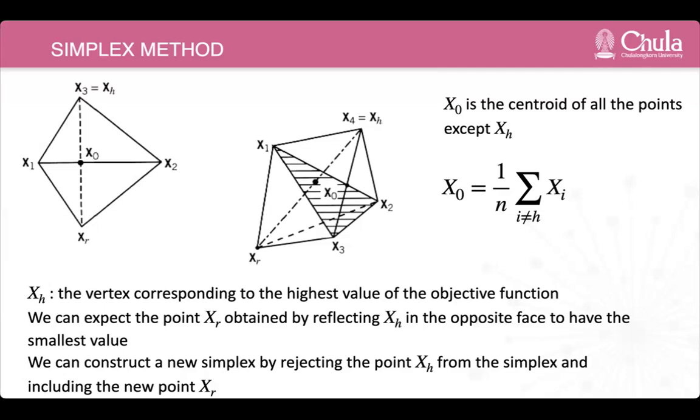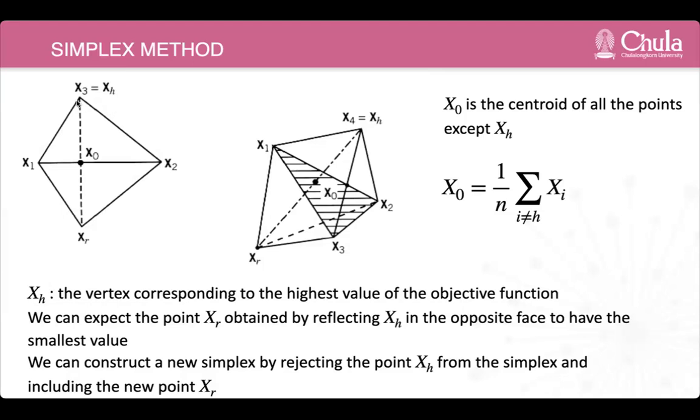For example, if you start from 3 points, since the algorithm requires 3 points, let's say x1, x2, and x3, and you find the centroid.